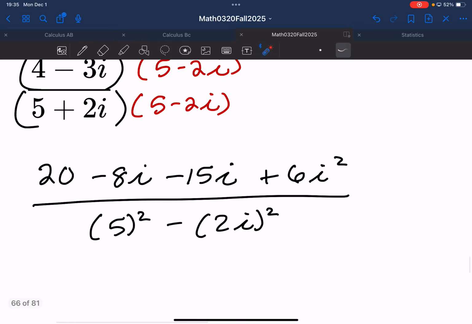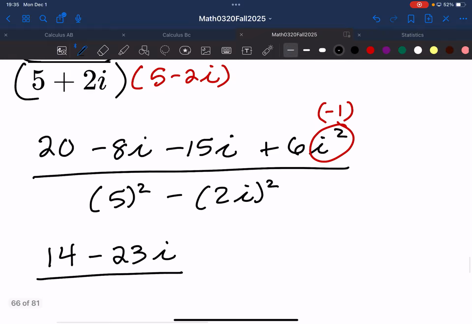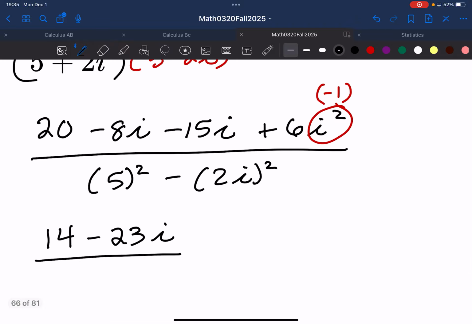Okay, so simplifying this, I know that i squared is going to turn to negative 1. So really, I have 20 minus 6, so that's 14. And then negative 8i and negative 15i gives me negative 23i. Because it's both negative, so we're adding them.